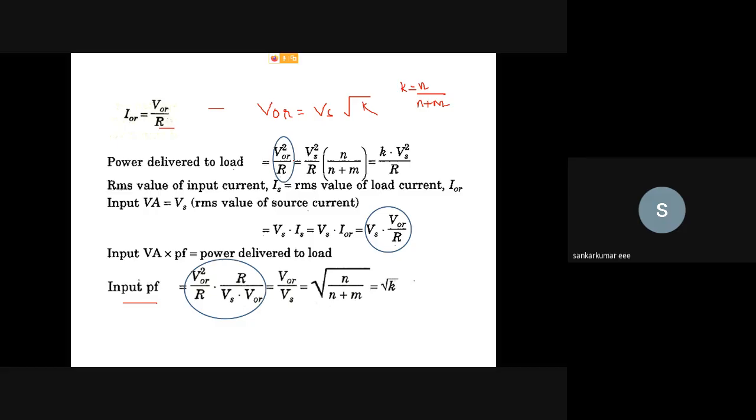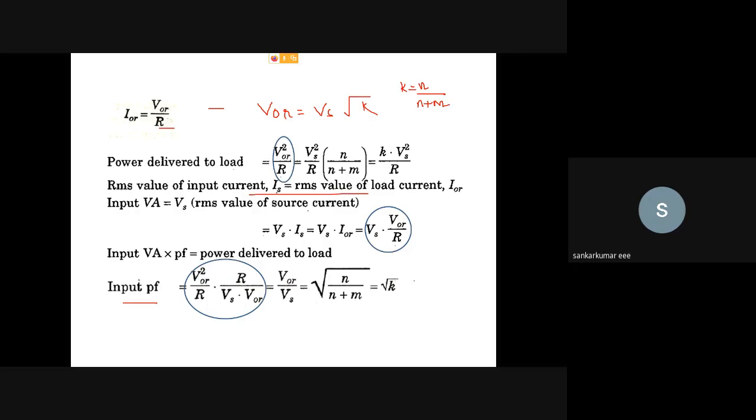So here we substitute, that is V naught R square is equal to Vs into root of K, whole square, that is Vs square into K, since the roots get cancelled on squaring, where K is equal to n by n plus m. So it can be written as K into Vs square by R. And the RMS value of input current will be equal to the RMS value of the output current.